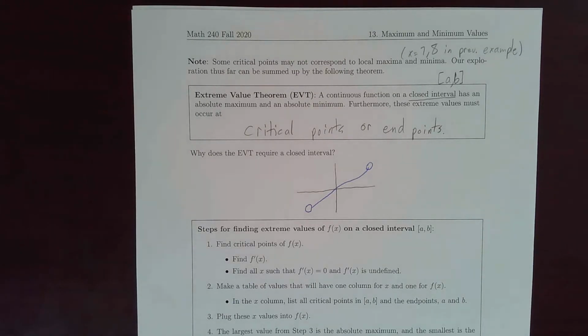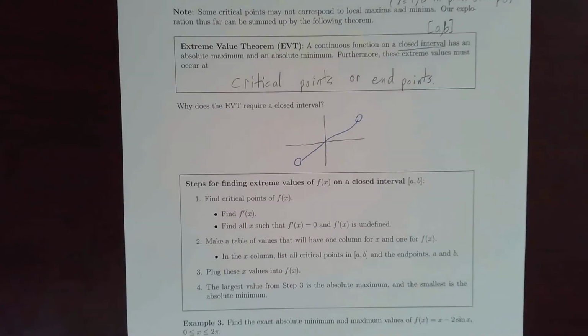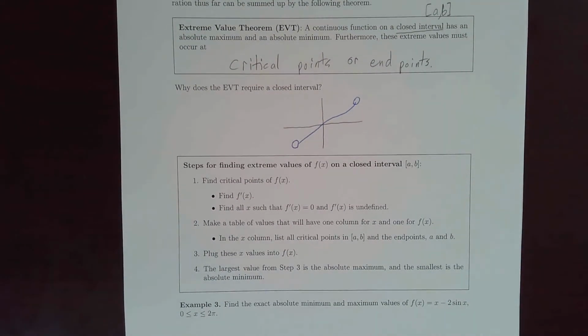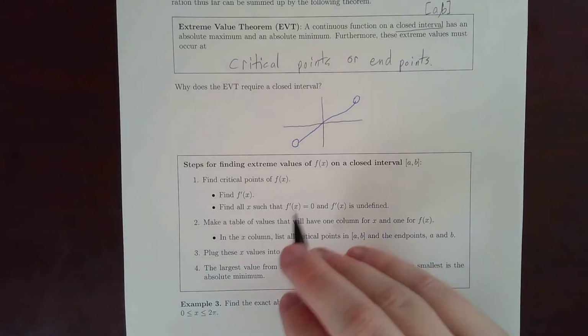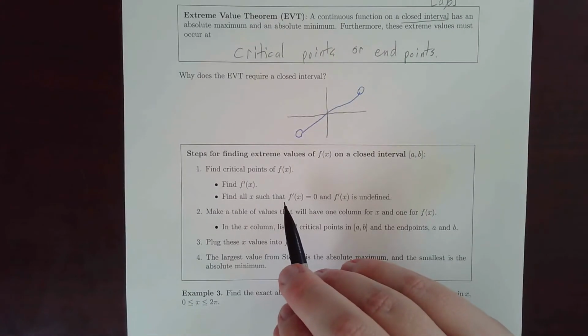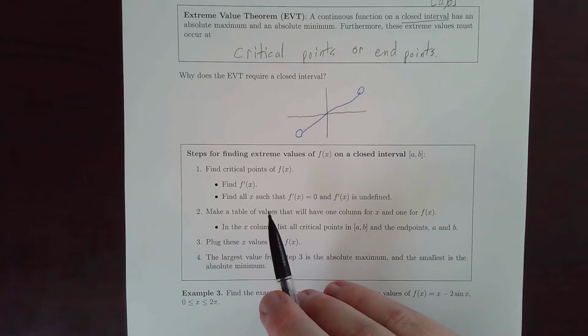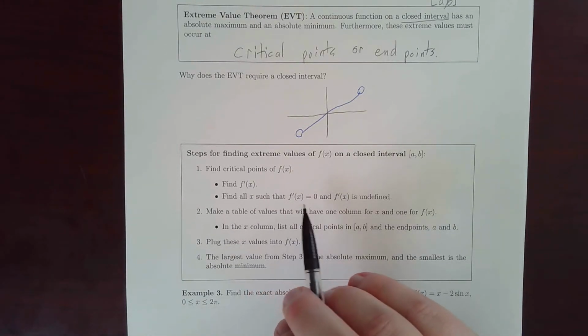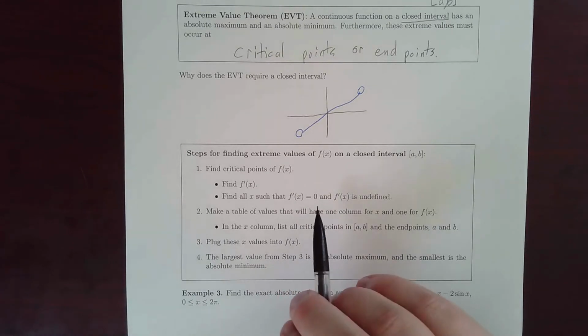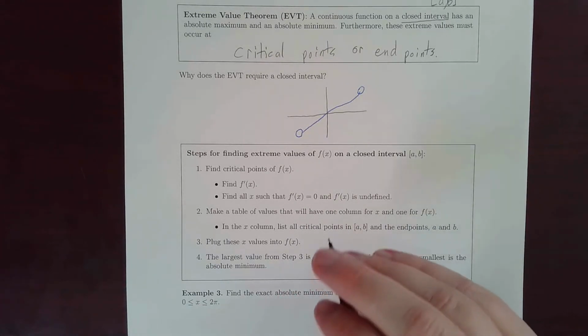All right, so let's summarize our steps for finding these extreme values. First and foremost, we have to find the critical points of the function. How we do that is we find the derivative and figure out what x values make the derivative equal to 0 or undefined.